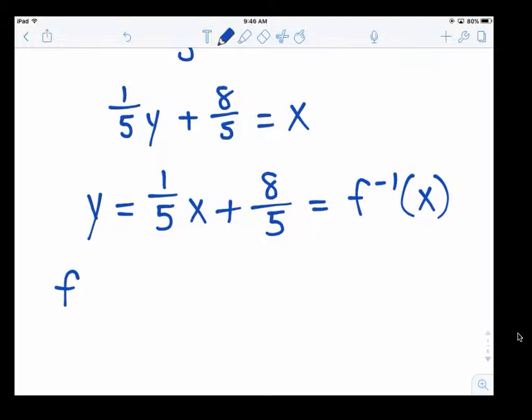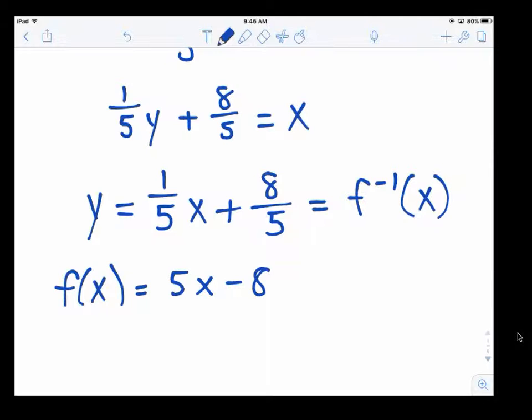Now, what do you notice about the slope of f and then the slope of the inverse? They are reciprocals of one another. That's going to happen all the time.